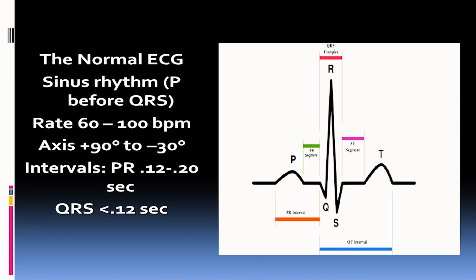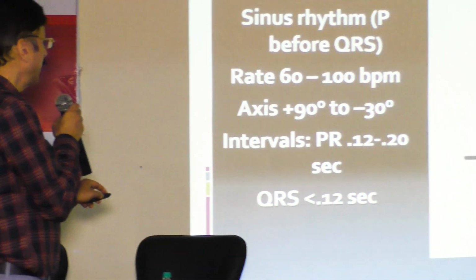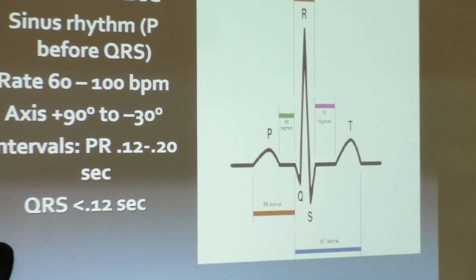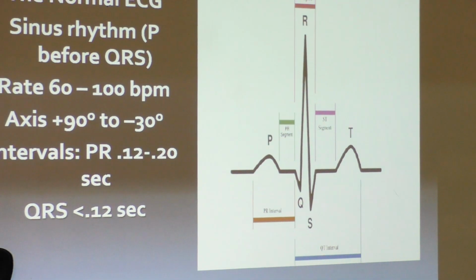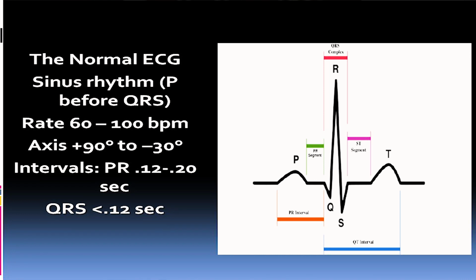And then here is the recording: this is the P wave, this is the Q, this is the R, this is the S, and this is the T wave. Then we have important segments like the PR interval and the ST segment. PR interval is normally how much?